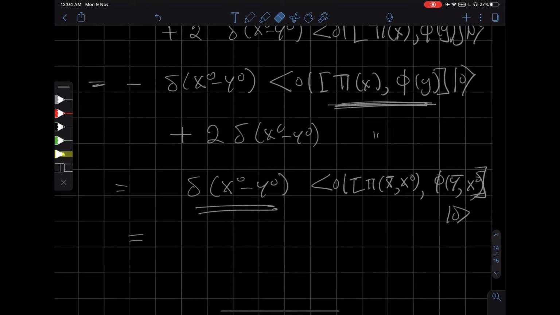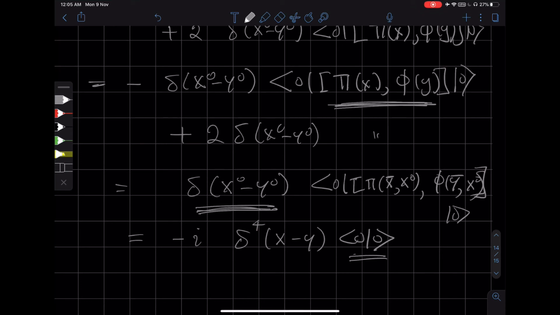But what is this? This is nothing but minus i times the three-dimensional Dirac delta function, which combining with this delta function gives me a four-dimensional Dirac delta function of x minus y, and then we have the expectation value of the vacuum, which is just 1.